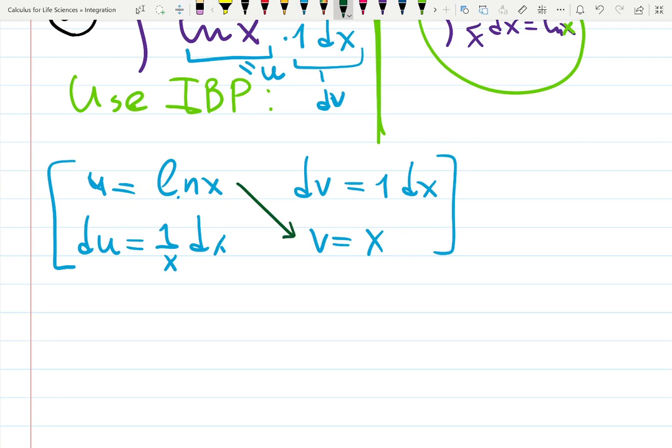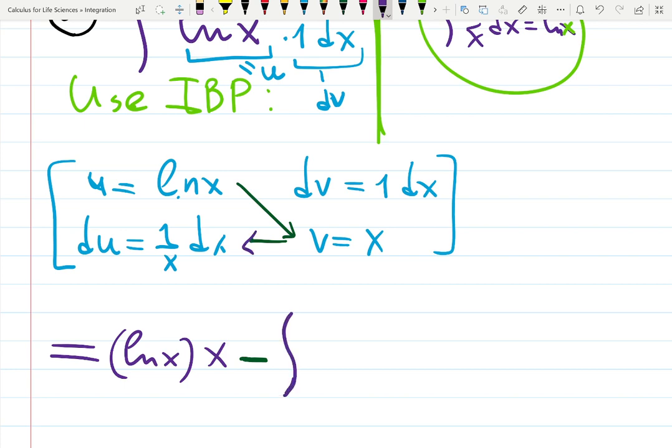Now perform integration by parts. Cross product gives you an equal sign, ln x times x, minus the bottom product, minus with the integral sign. So x is repeated again, x times 1 over x dx.